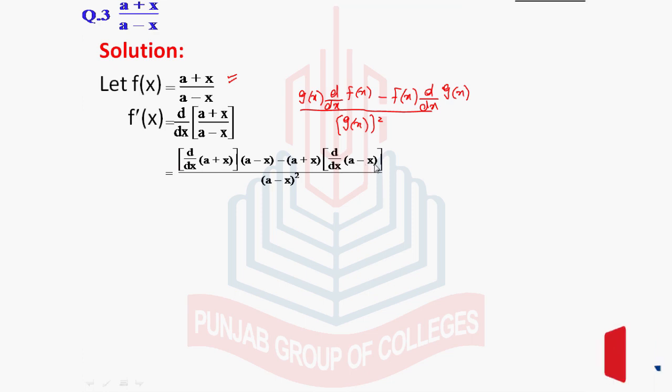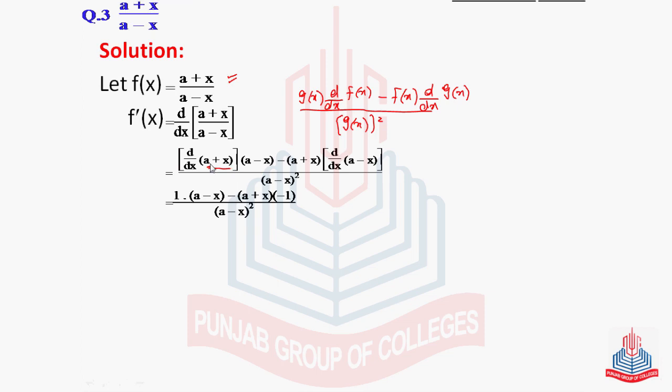As a is a constant term, when we apply the derivative of a + x, then by using the sum theorem, the derivative will apply on a and the derivative will apply on x. As a is the constant term, its derivative will become 0, and when we apply the derivative on x, that will become 1. So this is the result.